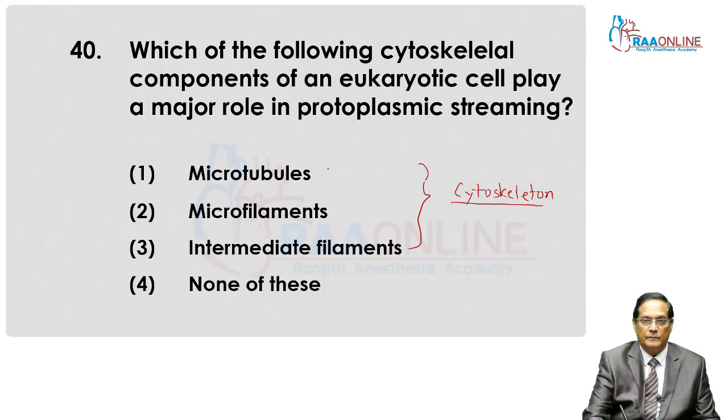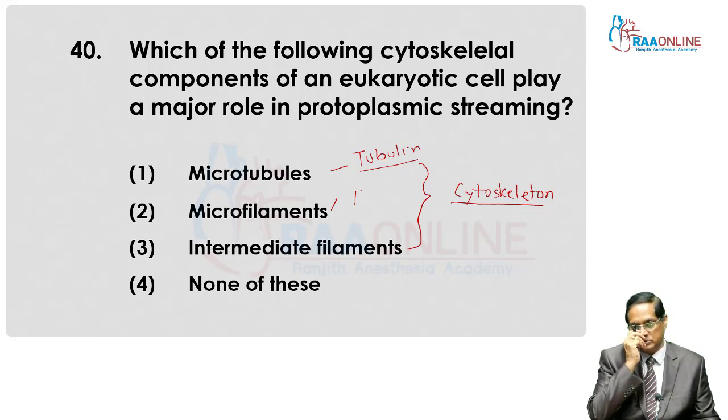Microtubules are hollow and made up of tubulin protein. Whereas microfilaments are solid filaments made up of actin and myosin protein-like structures.